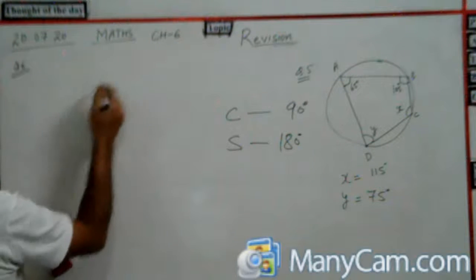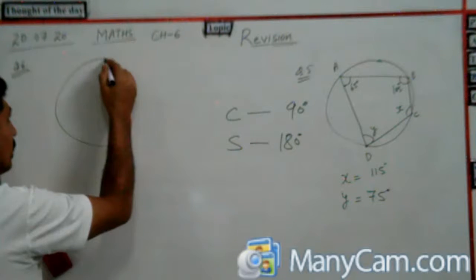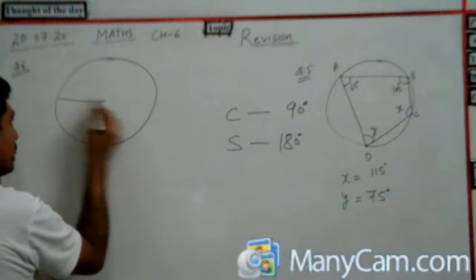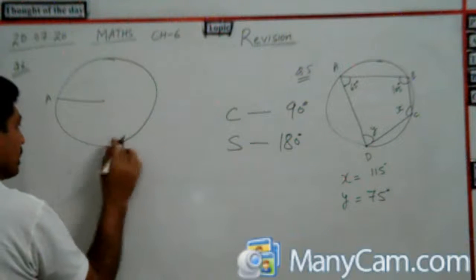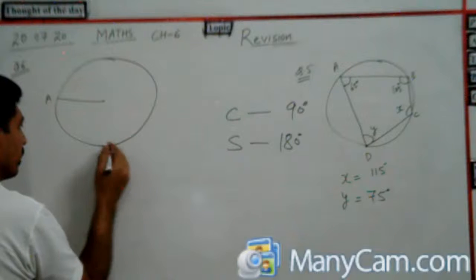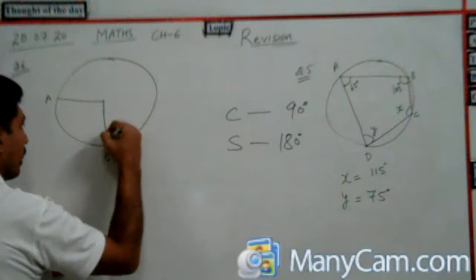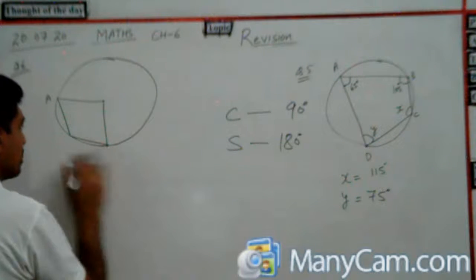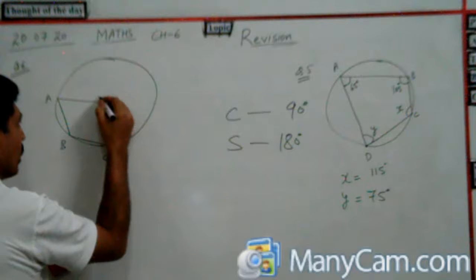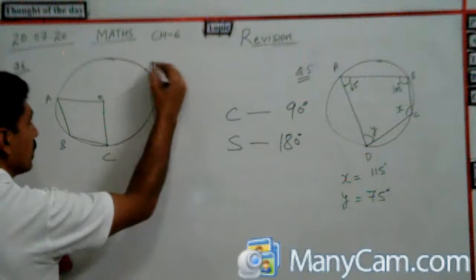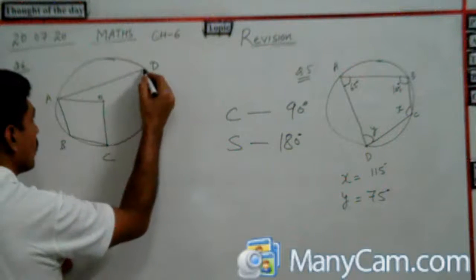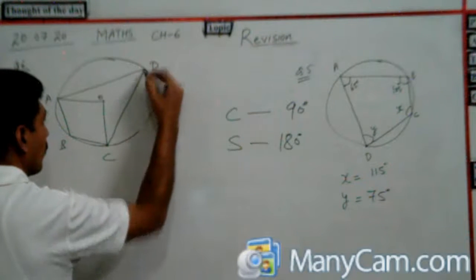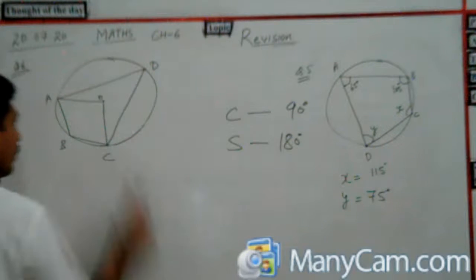And now next question, very simple question. Here, this is point A, this is point B, C, O, B point, right?